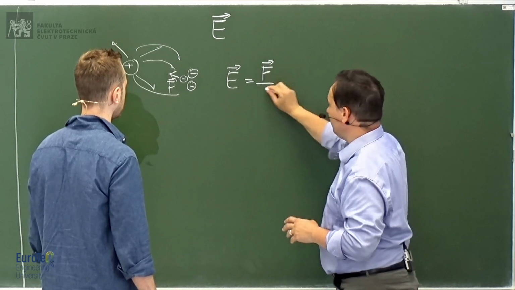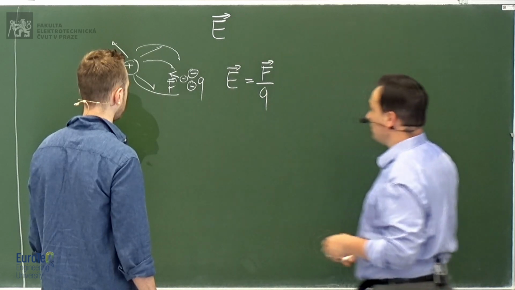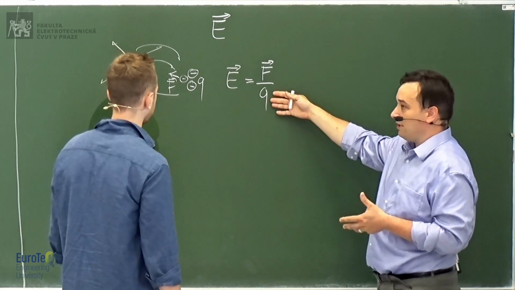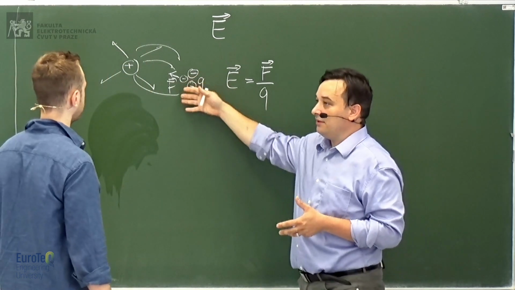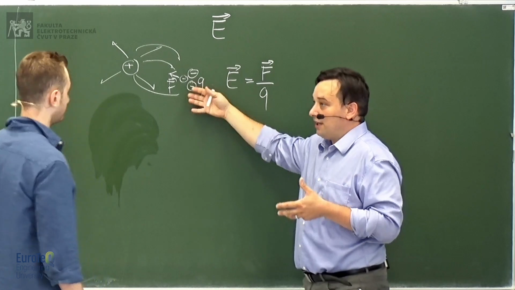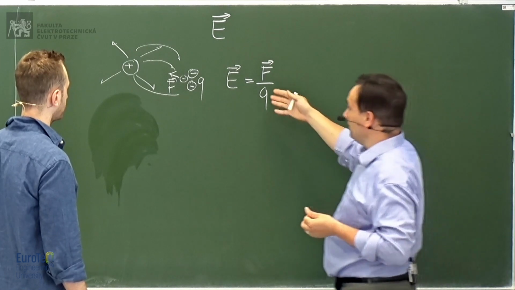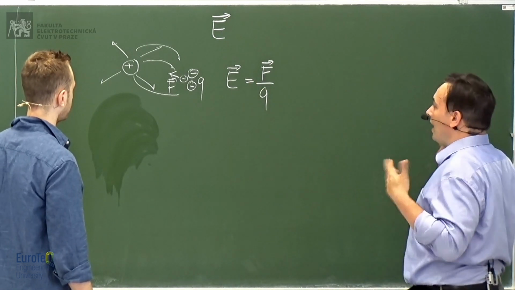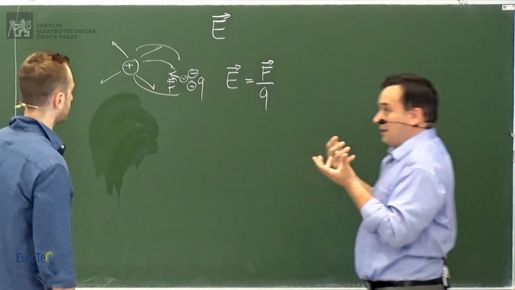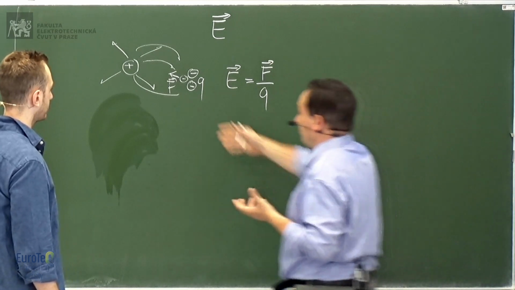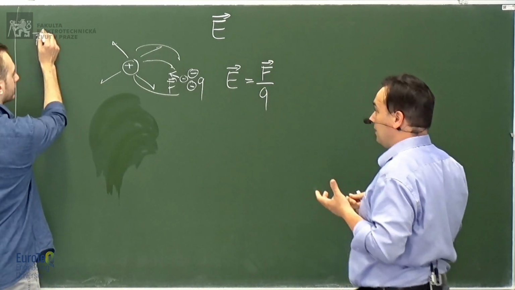If you divide it by the charge that you put here to test the force, you get something which is independent of the charge. Because you put here 10 units of charge, the force gets 10 times bigger. So the electric field tells you how large the force is there independently of the charge.